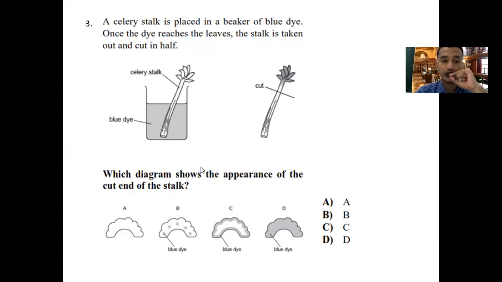So the best answer for number 3 here is B, right? Not C and not D. Why? Because C is only the outer part, and in diagram D, all of the parts have dye. Of course, that's not true, because some of the tissues can't absorb a substance like the blue dye, since there are no vessels that carry it from the lower parts to other parts.